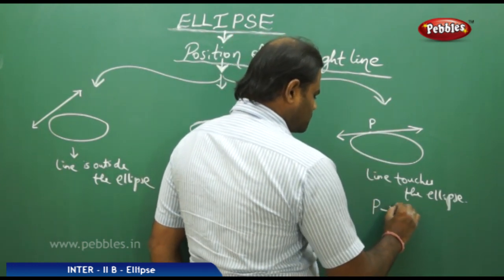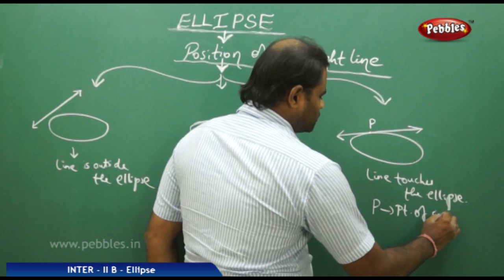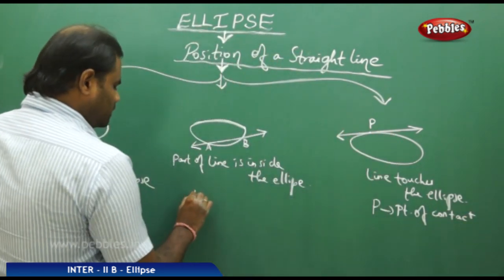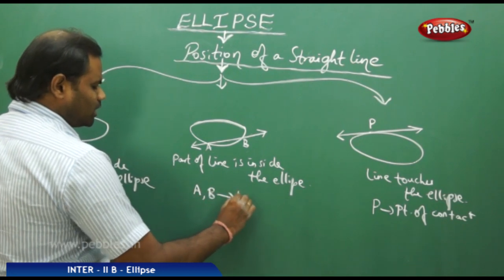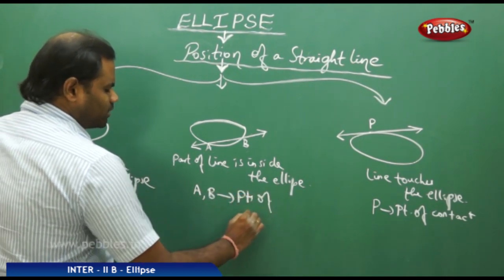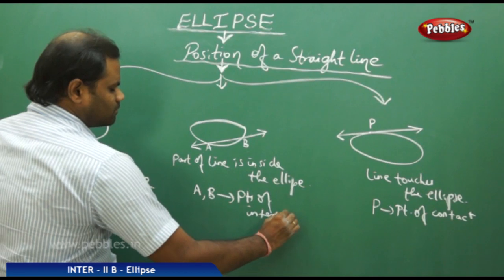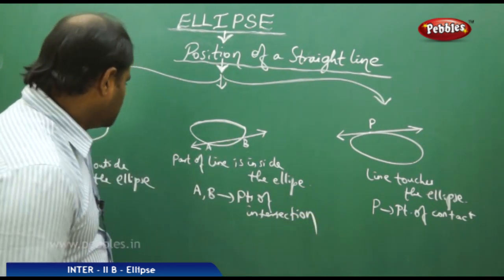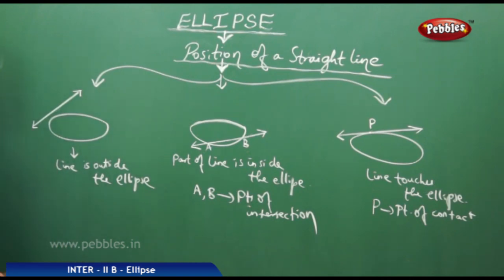So P is the point of contact of the line with the ellipse. Here A and B are the points of intersection of the line and the ellipse, and here there is no point of intersection.